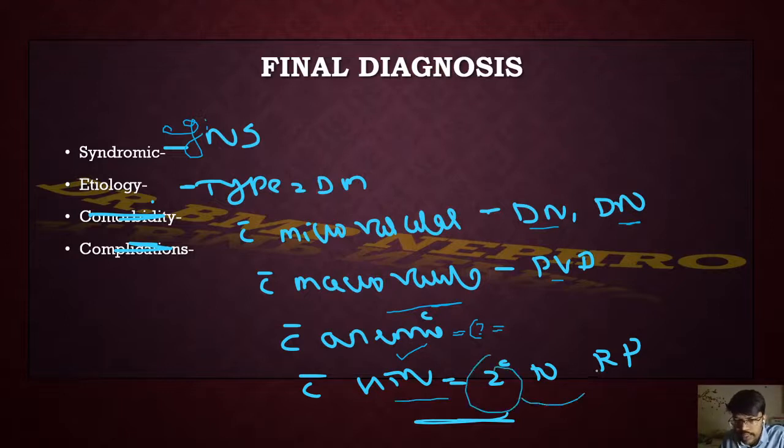Hypertension, probably secondary to renoparenchymal cause. So there is a little bit of confusion regarding whether to tell the nephrotic syndrome here or the diabetic nephropathy, then subsequently nephrotic syndrome. That is not clear, but I am giving you the overall idea of how we used to present.